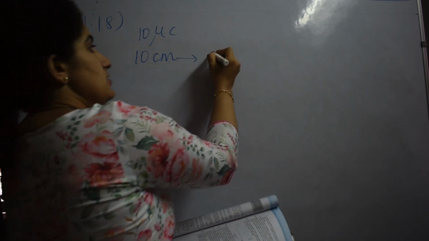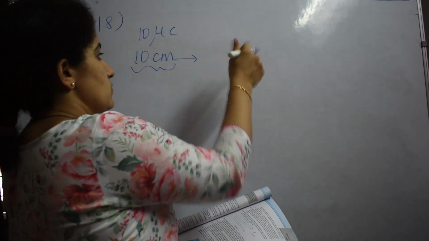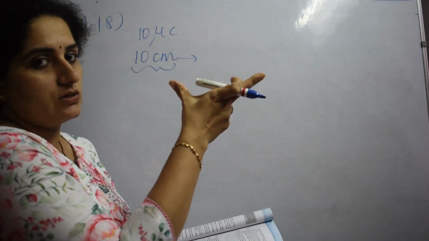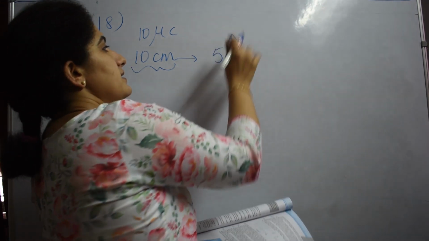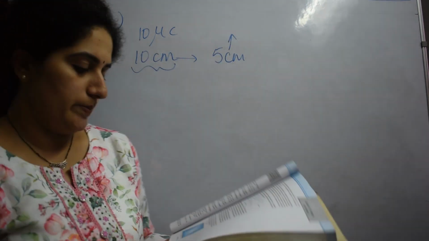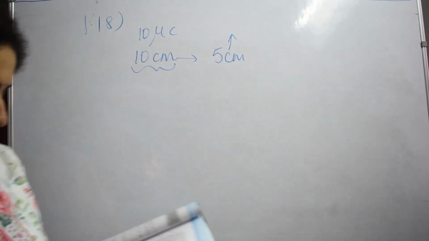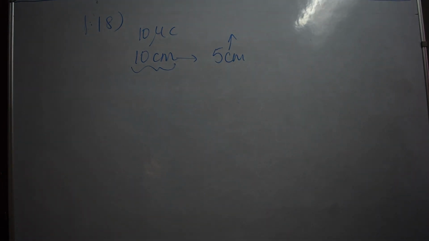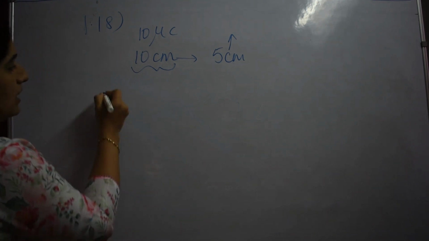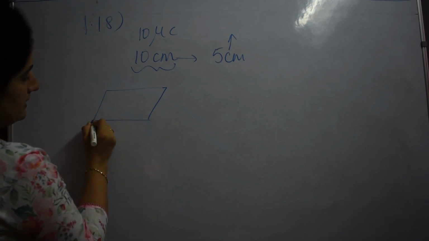Each side is 10 centimeter, and 5 centimeter above the center you are placing 10 microcoulomb. So what you have to consider is the magnitude of the electric flux. As given in the hint, you have to now consider the square as a cube whose side is 10 centimeter.